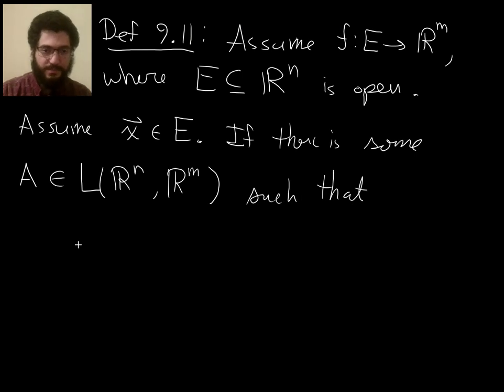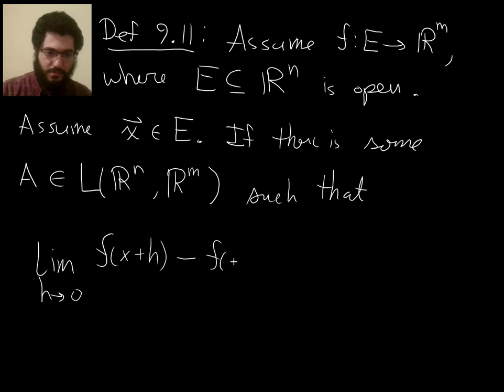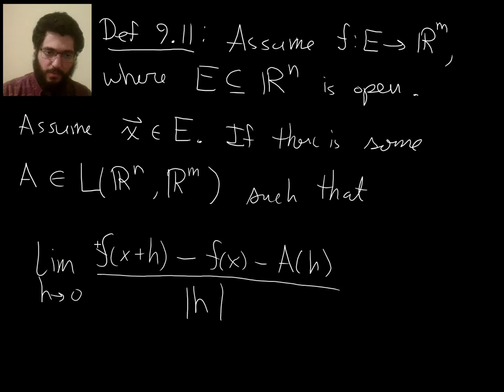such that this limit, where I could put norm bars here or not, that doesn't really matter, but I do have to put norm bars on the h down here, is 0.